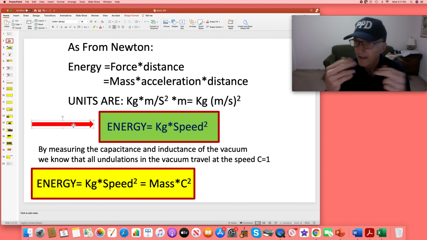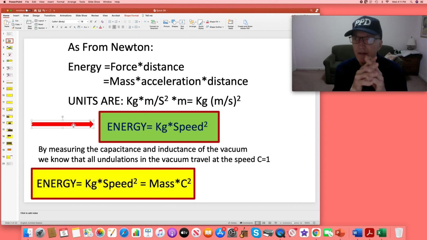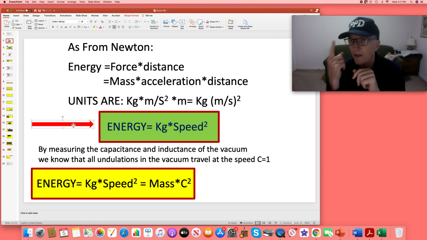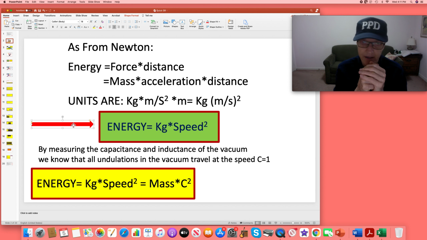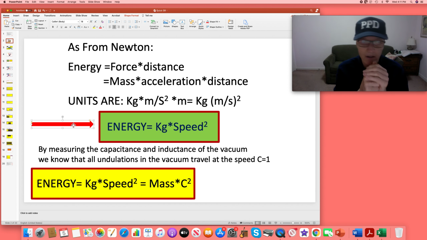And using that, it becomes evident, again by inspection and by other methods, if you need to use other methods, that everything in the universe travels at one speed through the vacuum, and that speed is equal to c. In astronomical units you say the speed c is equal to 1. So all undulations in the vacuum travel at the speed c equals 1.